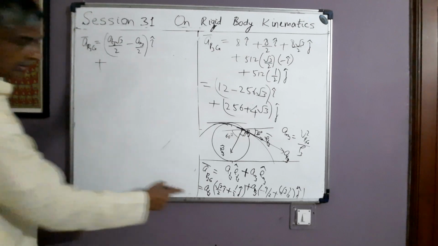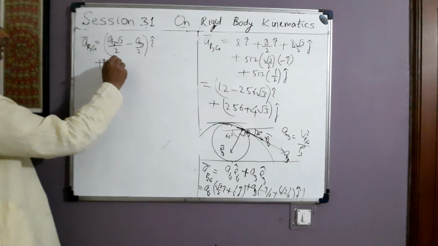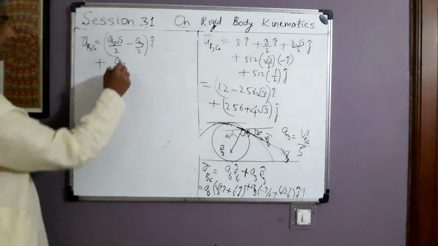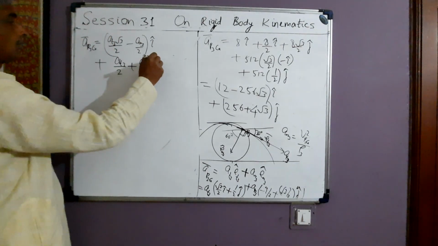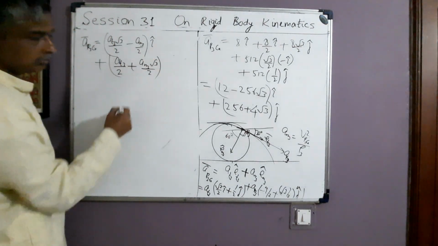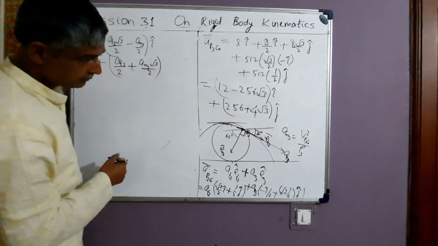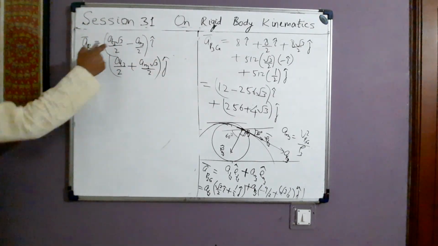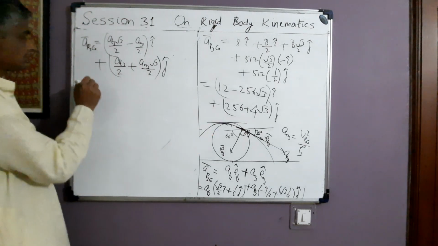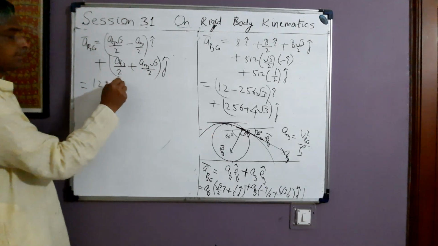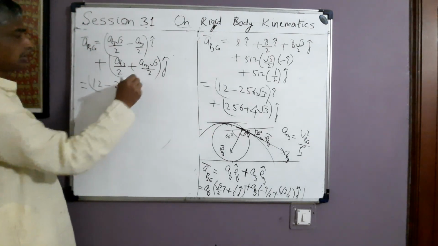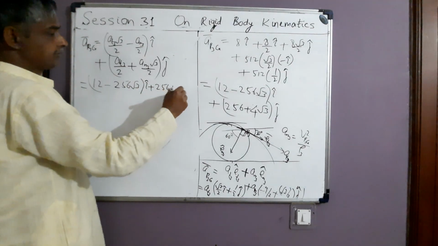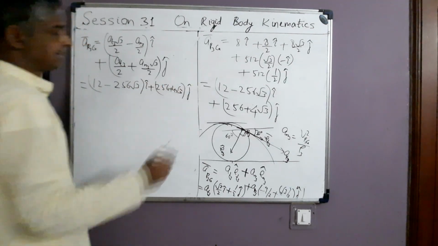Plus a_P3 by 2 plus a_P3 root 3 by 2 into J hat. So this is the same as this, as we found here: 12 minus 256 root 3 I hat plus 256 plus 4 root 3 into J hat.